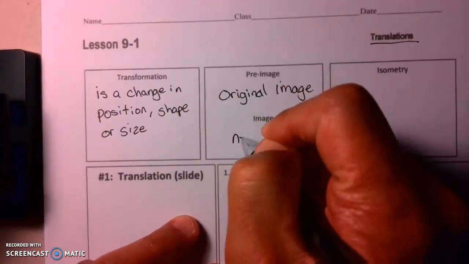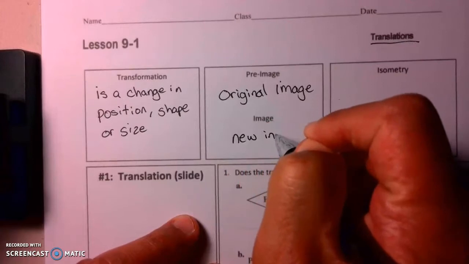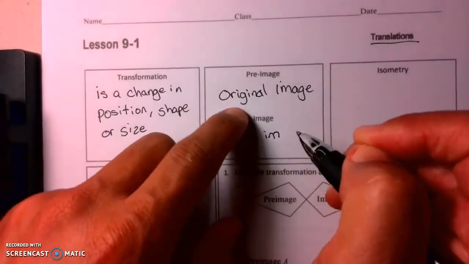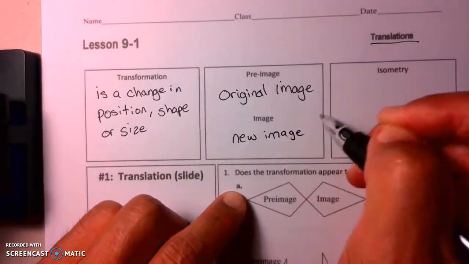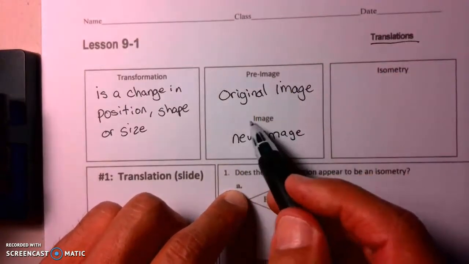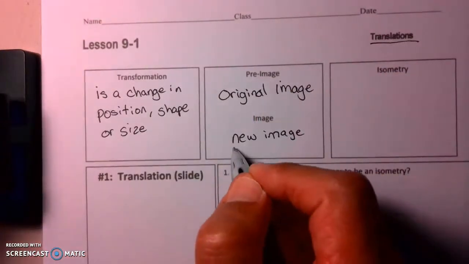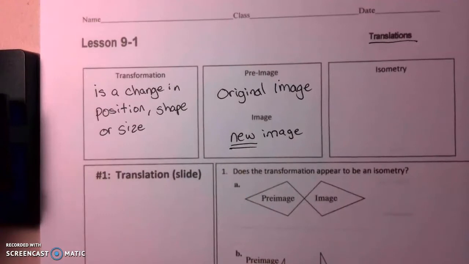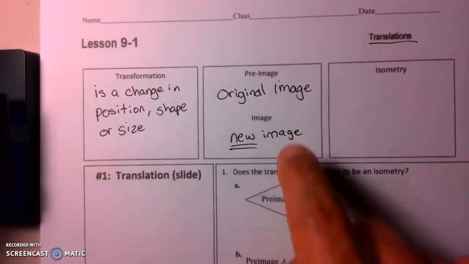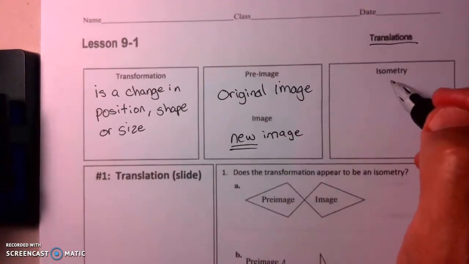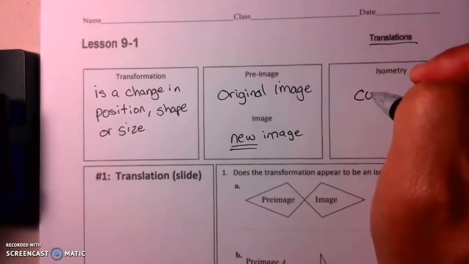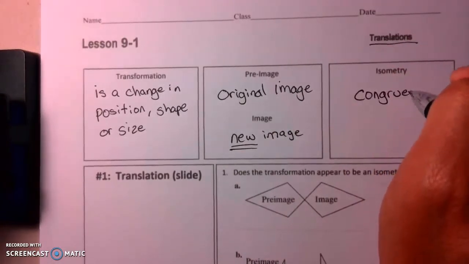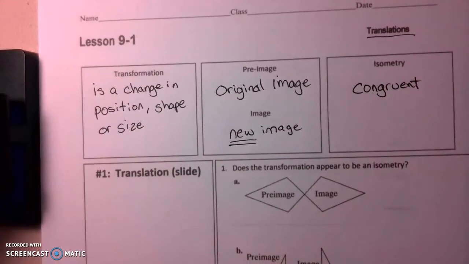This is the new image. Instead of using pre, they probably should have called this post image, but they just went pre for before, and they don't use the word post image. But when they use the word image, that means the new image. And we'll explain these 2 words in a minute. Isometry is basically saying the word congruent. That's a good enough definition.